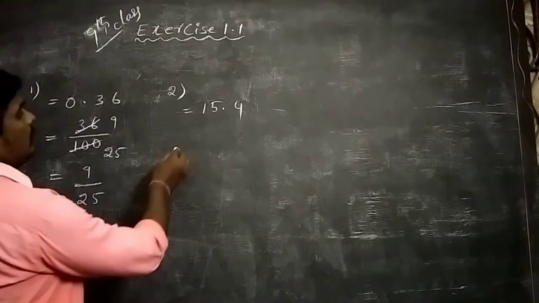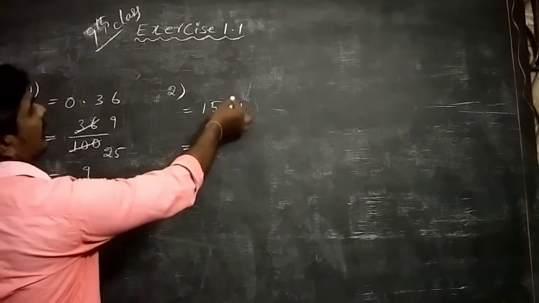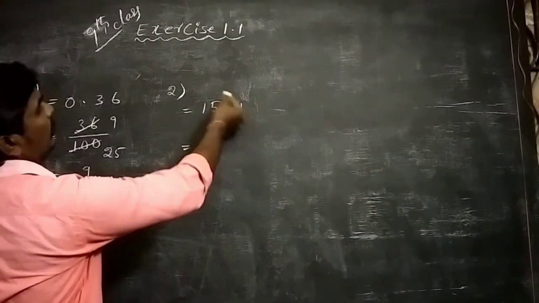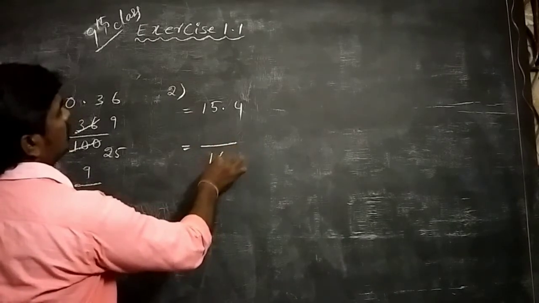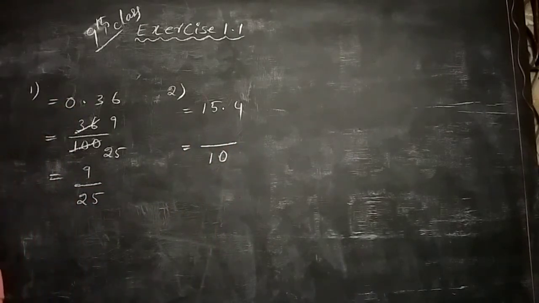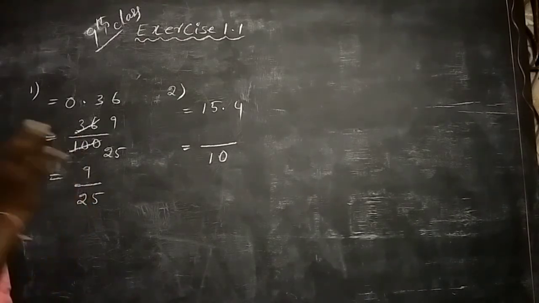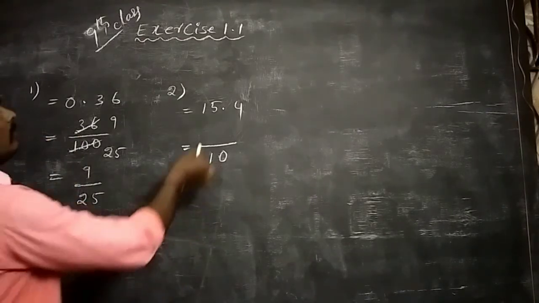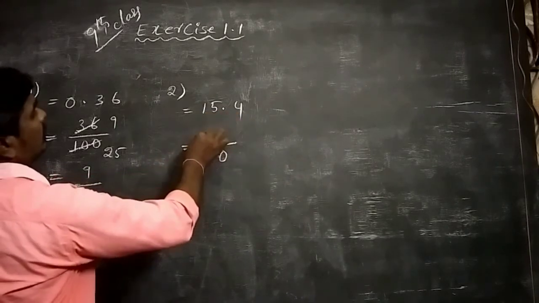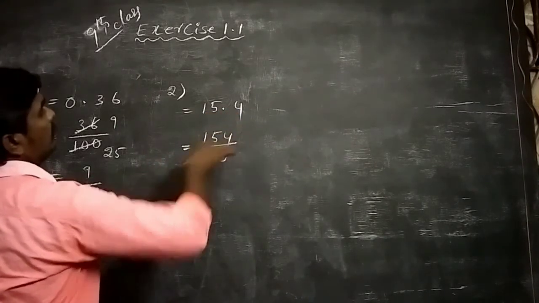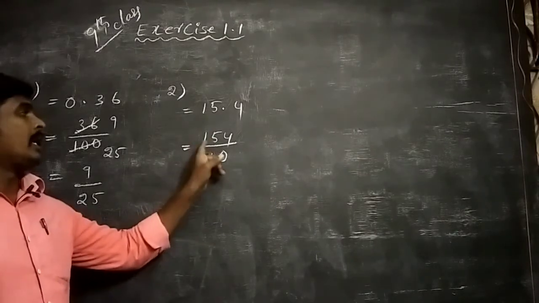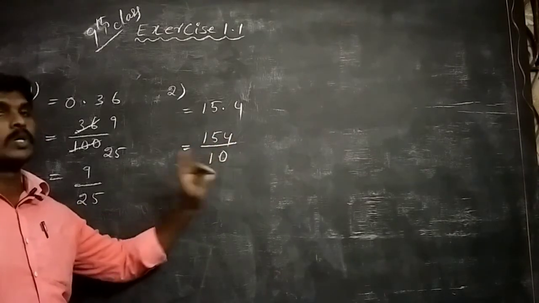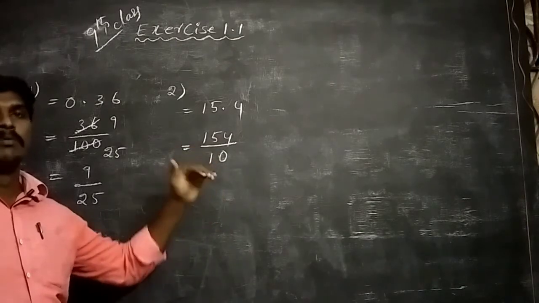This decimal number we want to express in p by q form, means rational form. Very simple. First, on the right side of the point, only one digit is there. That's why write 10 in the denominator. One digit there, that's why 10. 2 digits means 100, 3 digits means 1000. Now remove the point and write the total number, that is 154. 154 is an even number, 10 is also an even number, both are divisible by 2.